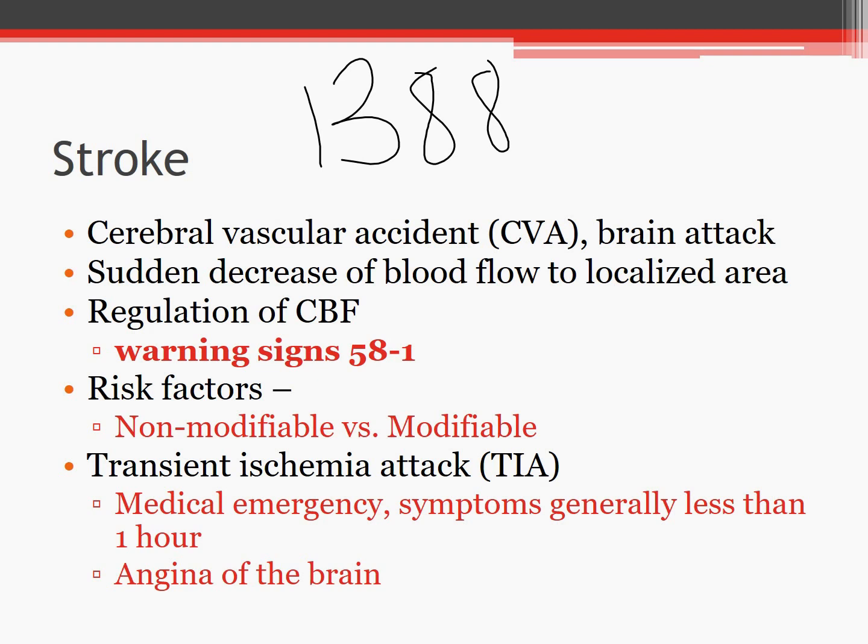We specifically are going to focus on ischemic strokes, and so we're going to flip the page to 1390. You guys know the drill, the modifiable versus the non-modifiable risk factors. The non-modifiable risk factors for strokes include our age, our gender, our ethnicity or race, and the fact that we possibly have a family history of someone in our family.